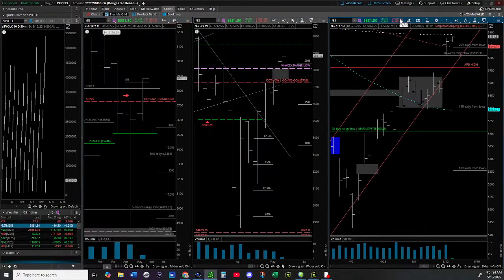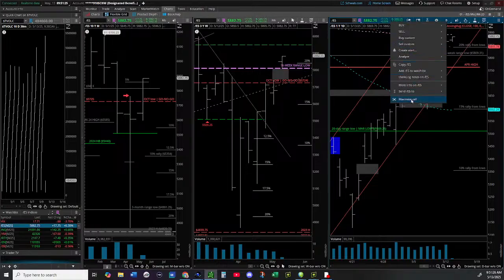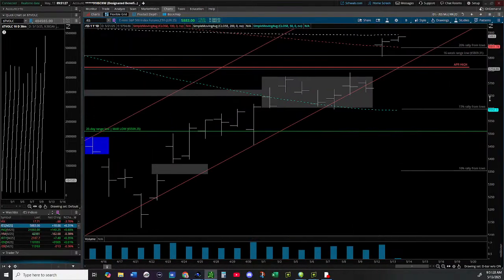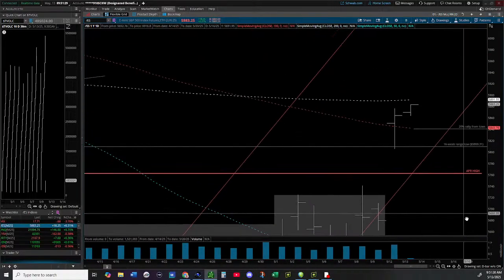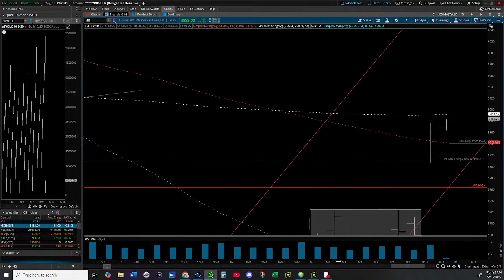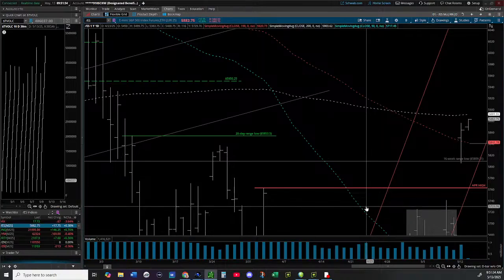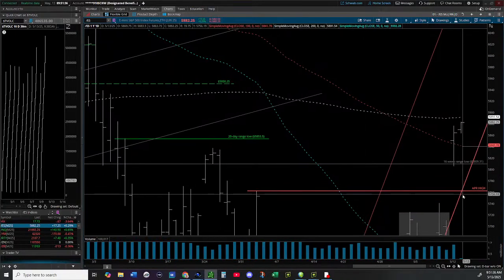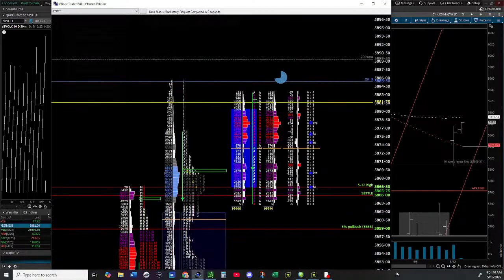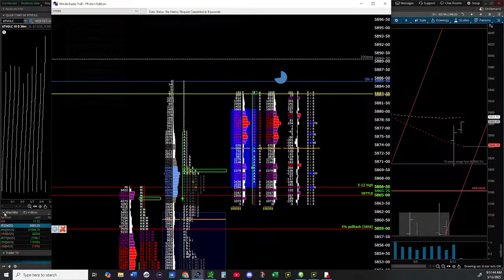Okay, I'm going to detach, maximize this cell, just to have it here. I don't need to see this.